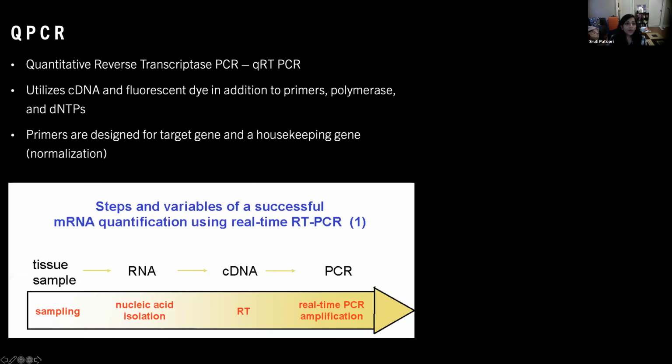And then the last measurement for gene expression that I wanted to talk about is qPCR. Really, when you're talking about gene expression, what you're doing is qRT-PCR, quantitative reverse transcriptase PCR.